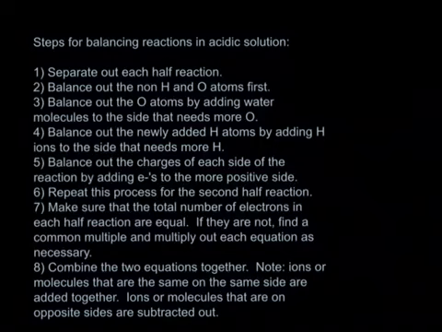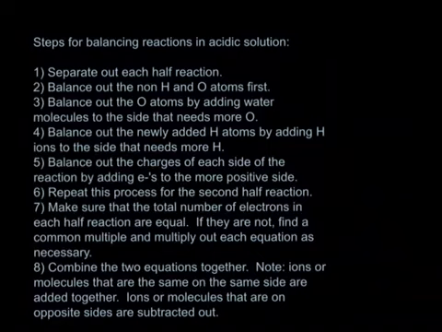In some cases you don't have to do this because there are no oxygen atoms in your half reaction. In that case, you can skip to balancing out the hydrogen by just adding the hydrogen ions to the side that needs more hydrogen. If you added water, then you automatically have to balance out your newly added hydrogen atoms that you got from adding water by adding hydrogen ions to the side that needs the additional hydrogen.